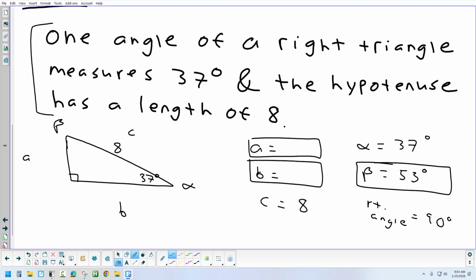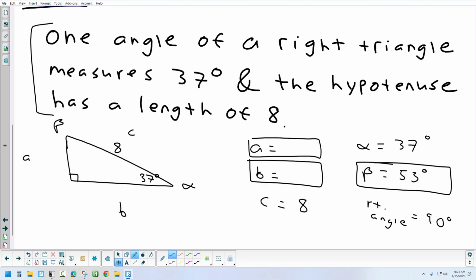Where did the 37 come from? Yeah. From the alpha? Well, we assigned it to alpha, but how did I get it? Where did it come from? Yeah. It was written in the top. It was given. Yeah, it was given, which is important. Why would I want to use something that's given? Because if it's given, you know it's right.